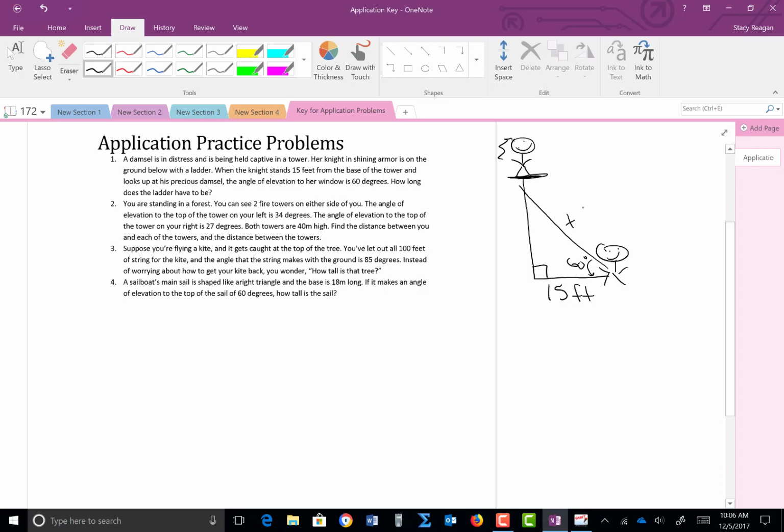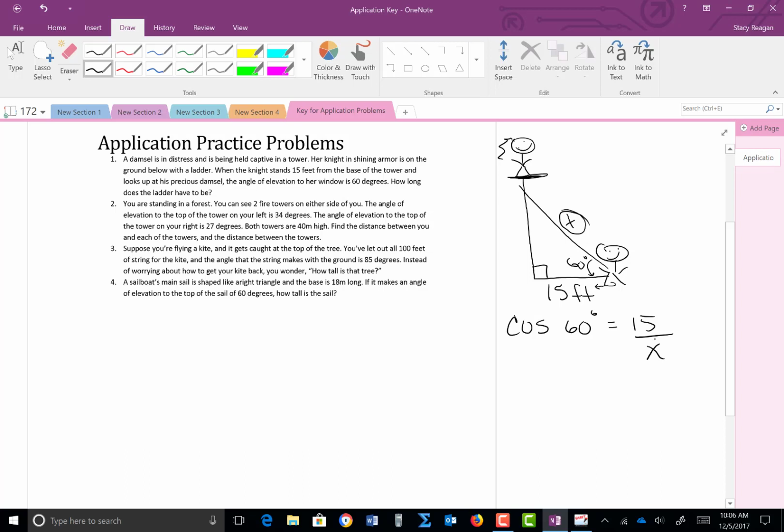So a ladder is at an angle, and we're going to try to climb the ladder and rescue her. So we need to look and see which pieces we have. We have the 60-degree angle, the side adjacent to the 60, and the hypotenuse. Adjacent and hypotenuse is cosine. So we have cosine of 60 degrees equals 15 over x.